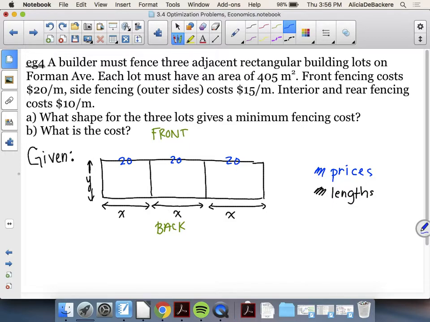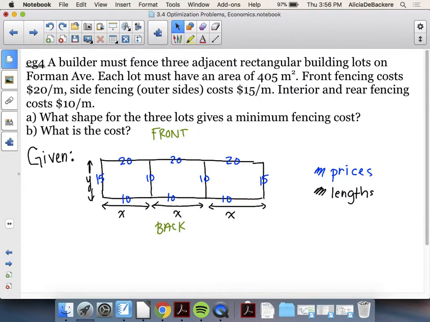Now, the side fences, the outer sides, cost $15 per meter. And then the inside and the rear are both $10 per meter.